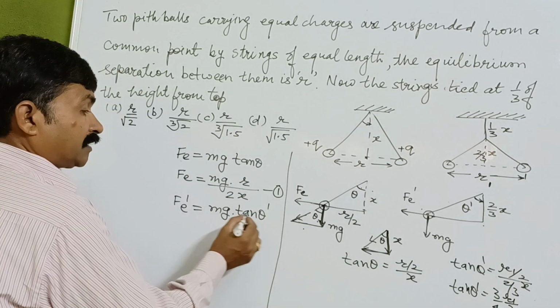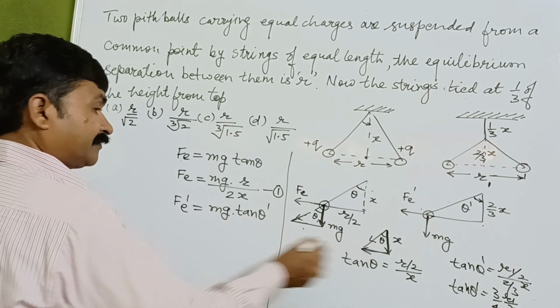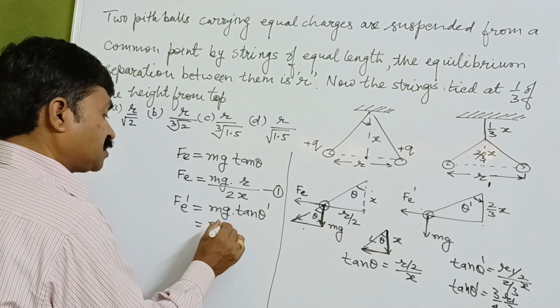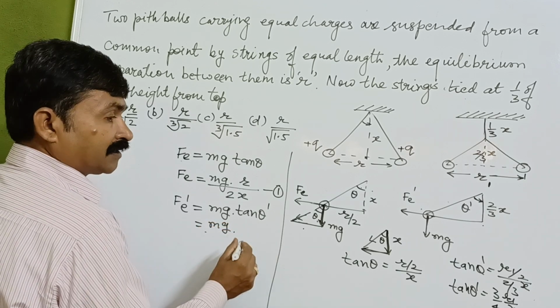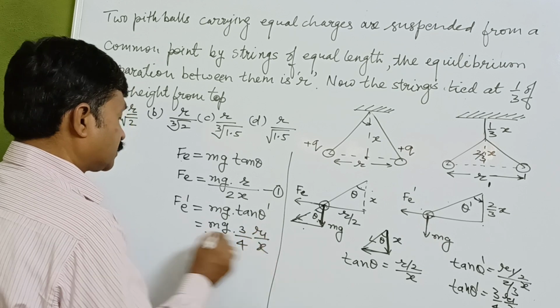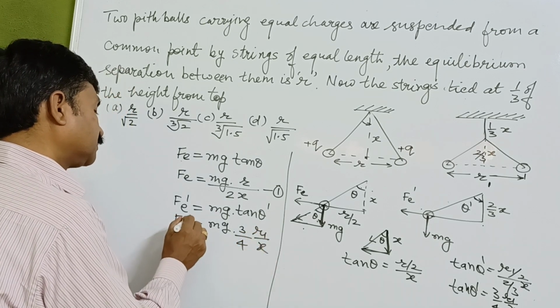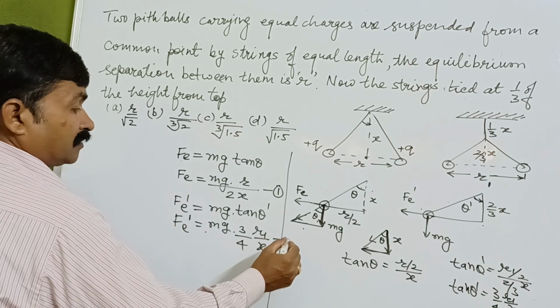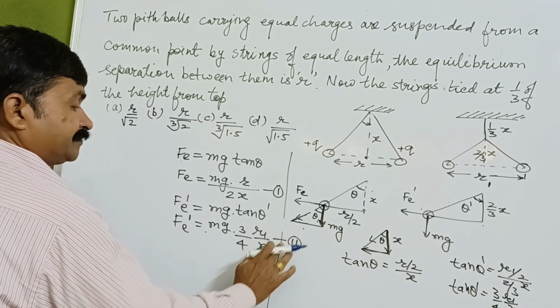Okay. Now tan theta dash, that we can substitute here, mg into tan theta dash, that is 3 r1 upon 4x, Fe dash. This is equation number 2.